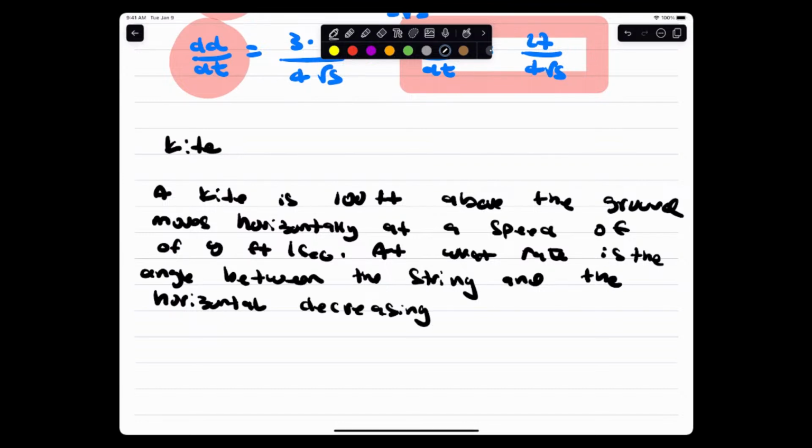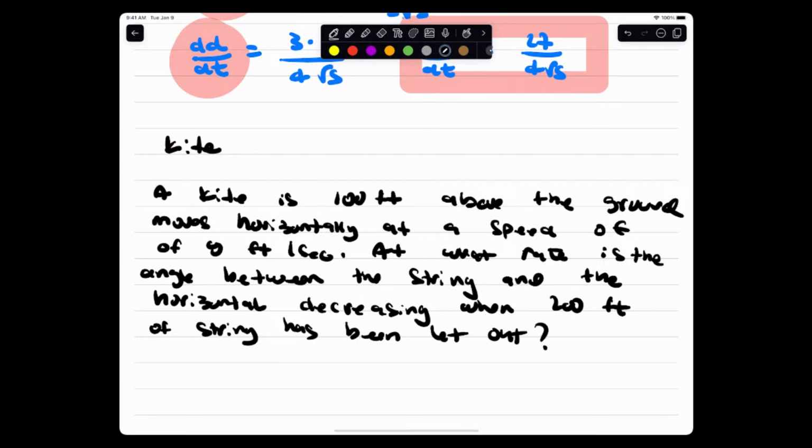It's going to be negative when 200 feet of string has been let out. Okay, it's another classic question.